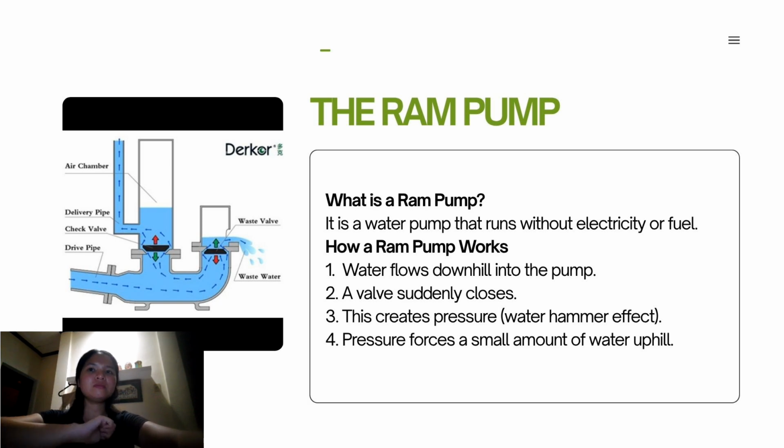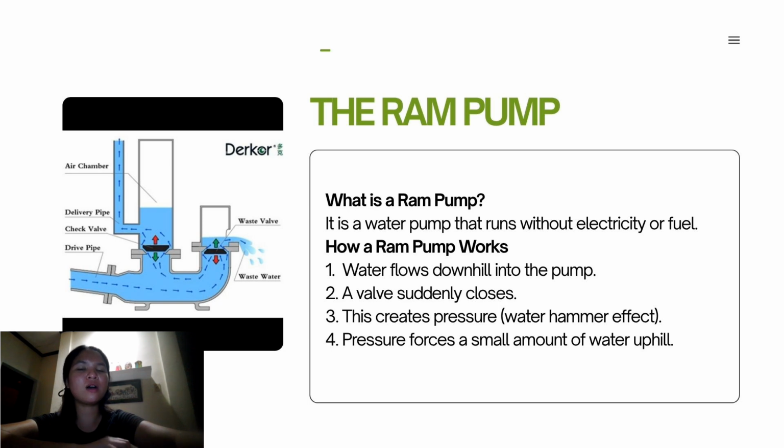So, what is a ram pump? So, ang ram pump is ginagamit pinakasagaran sa mga farmer, labi na sa mga rice farmers. And then, kini siya kay dili na need og electricity o fuel.